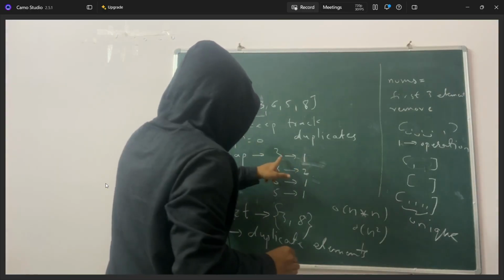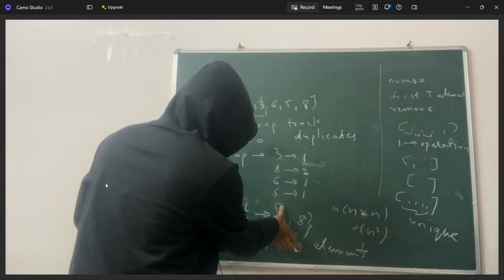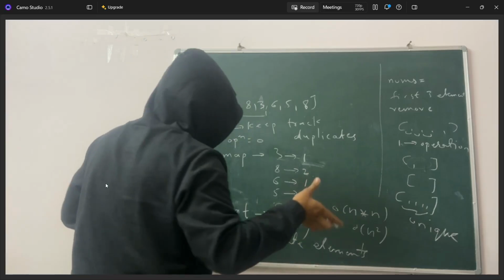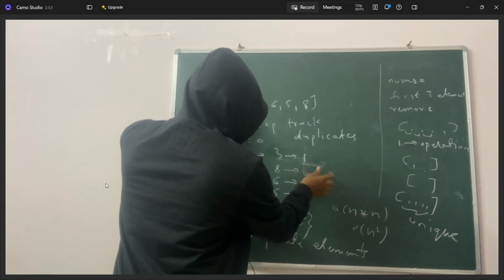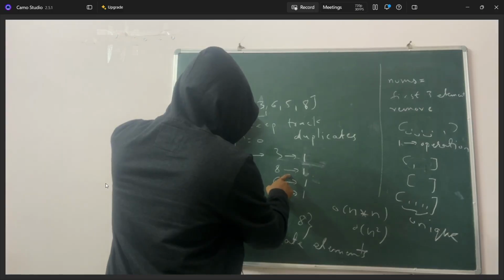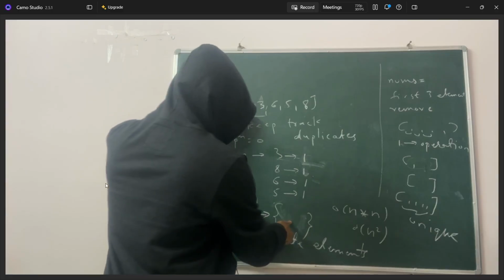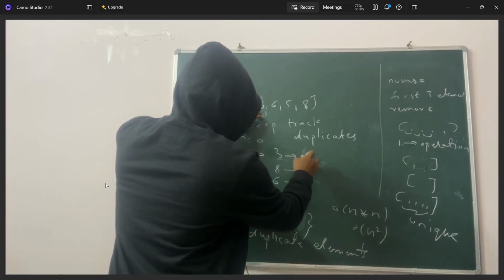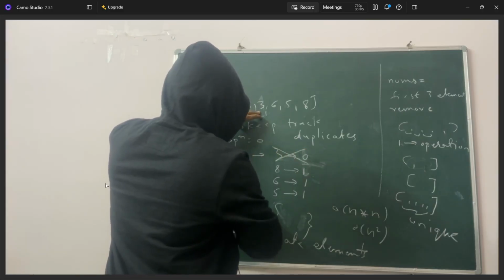Now the frequency of 3 is 1, so it's unique only, so we'll remove it from the set as well. Now we are removing 8. 8's frequency was 2, it has gone to 1, which is unique, so we'll remove it from the set. It is empty now. We'll remove 3, it is 0, remove it from the map, got it.